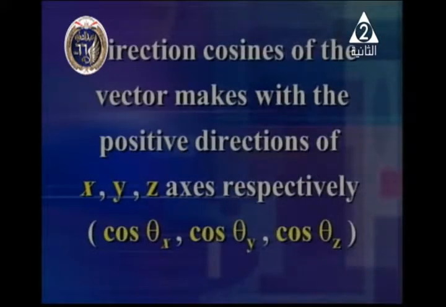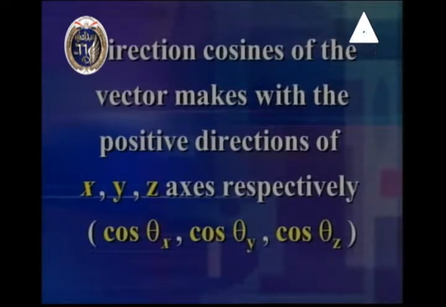The direction cosines are the cosines of the angles this vector makes with the positive directions of the x, y, z axes respectively: cosine theta x, cosine theta y, cosine theta z.